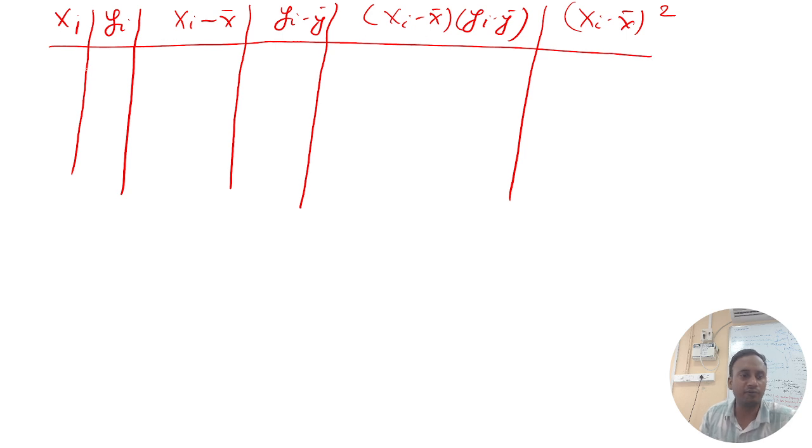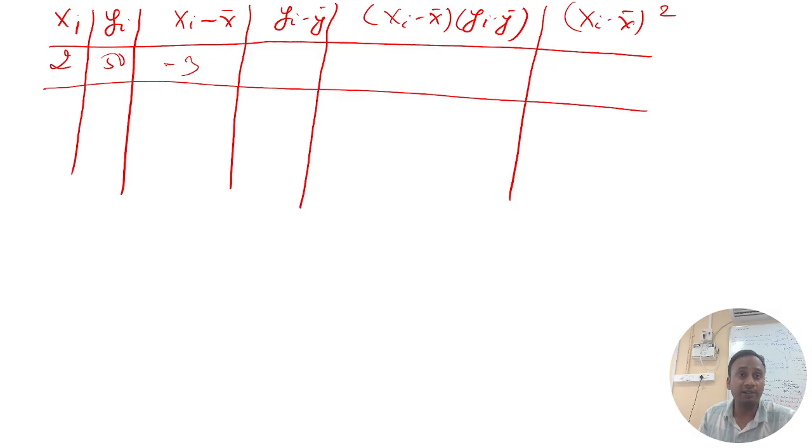What is the value of 2? What is the value of 50? X minus x bar, 2 minus 5, it becomes minus 3. 50 minus 71.25, it will become minus 21.25. If we multiply, it will become 63.75. And x minus x bar square will become 9.